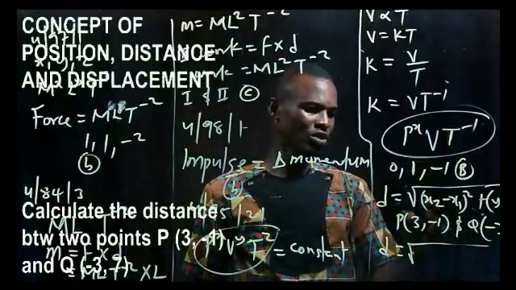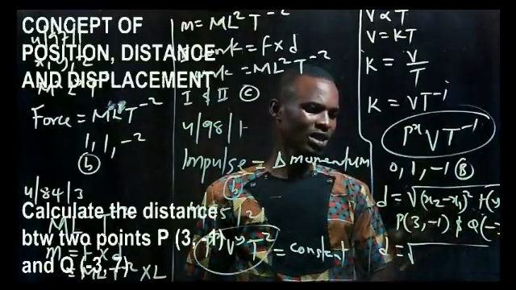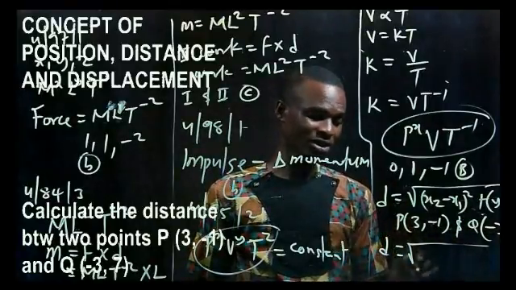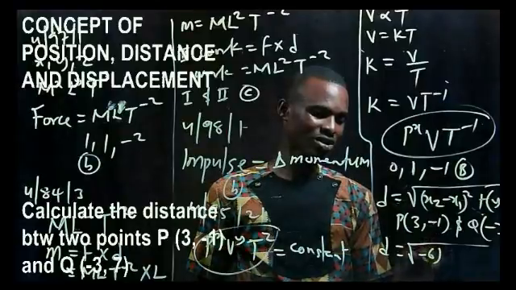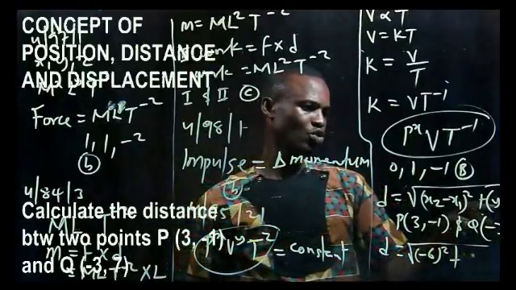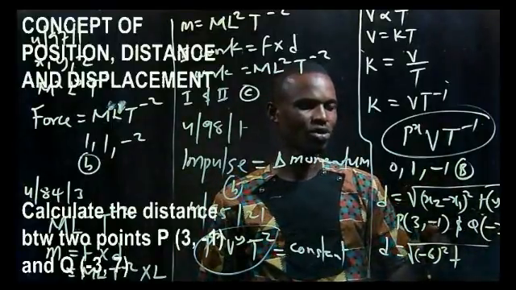So x2, which is -3, minus x1, that's -3 minus 3, that is -6 all squared, plus y2, which is 7, minus y1, your y1 is -1.